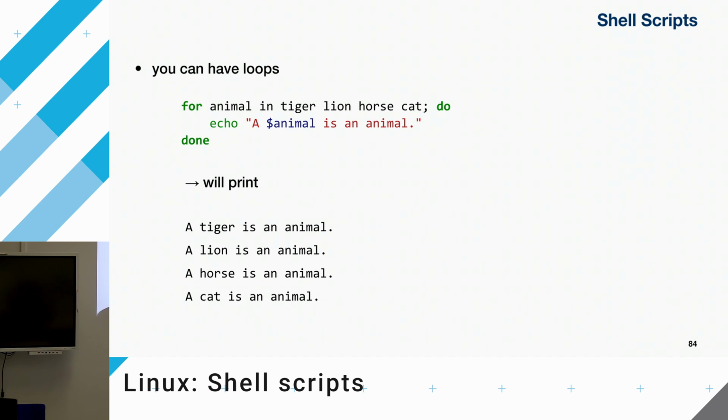It will take one value from this list, from the first one to the last one, and then print it out. Here, $animal prints out the value tiger and then continues. As you can see, here is this output. In this way, you can utilize loops in your shell script. Of course, there are other loops, for example, while loop in bash, but we will not cover this in this introductory course.